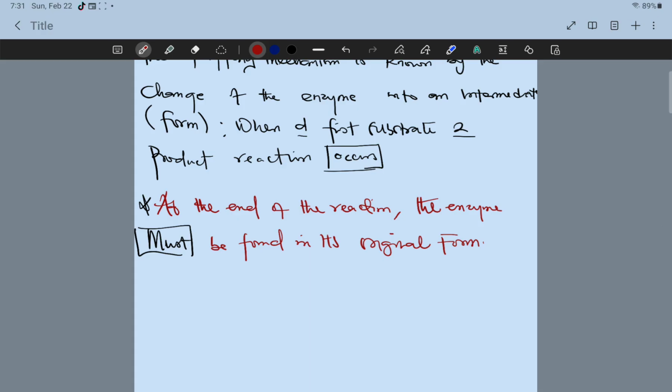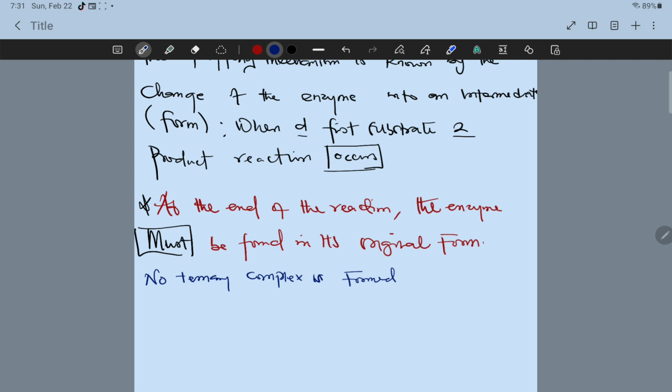So no ternary complex is formed. No ternary complex is formed in a ping-pong.